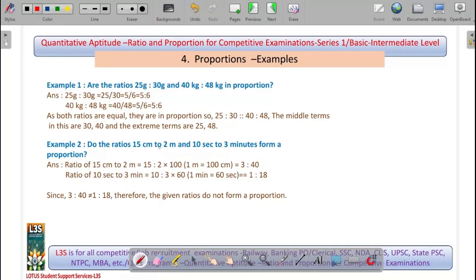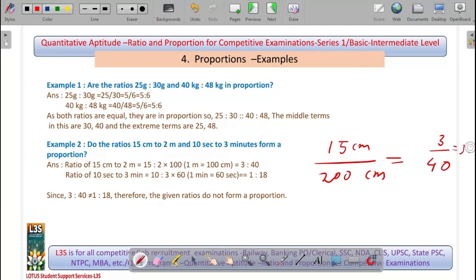Do the ratio of 15 centimeter to 2 meter and 10 seconds to 3 minutes form a proportion? First, we have to make the ratio in the same unit. 15 centimeter to 2 meter. 2 meter means 200 centimeter. So this becomes 3:40.